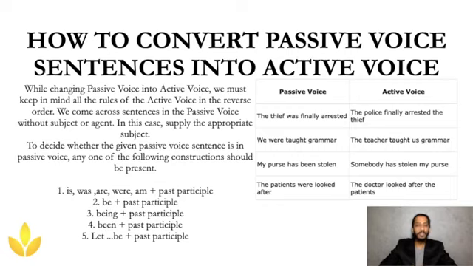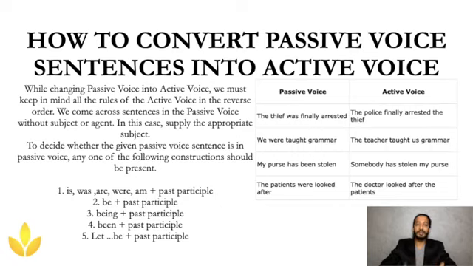The patients were looked after. The doctor looked after the patients. Sometimes you can also correct the sentence and even use the nurse. Whatever respective position of authority comes into the picture here, when you are converting into the active voice, you can use that to make it into the subject.